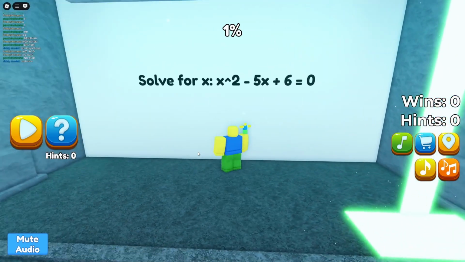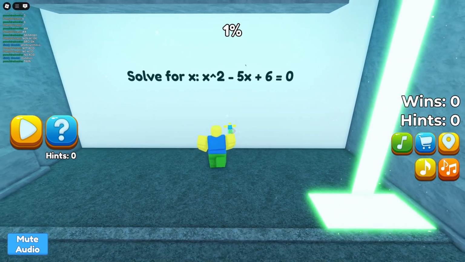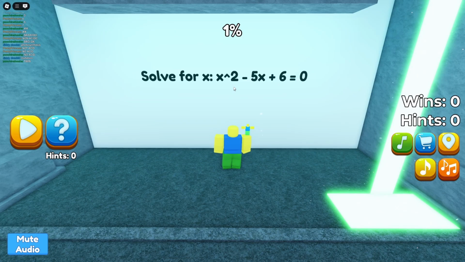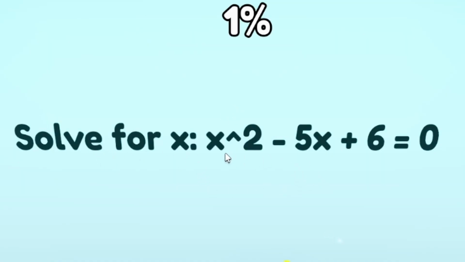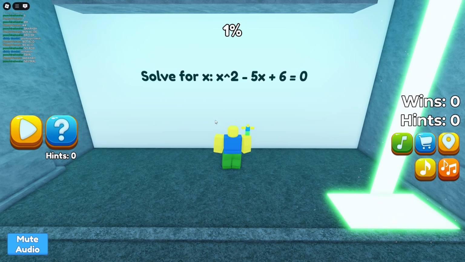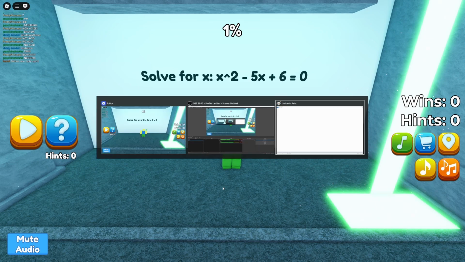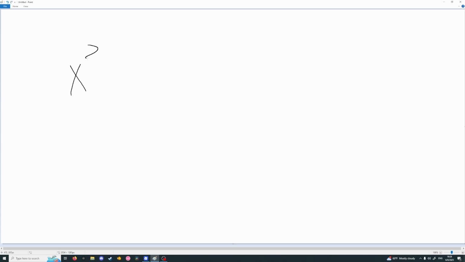But yeah, I've already been through the first three of these, if I remember, that is. So here we have to solve for x. x squared minus 5x plus 6. Let's write it down here.